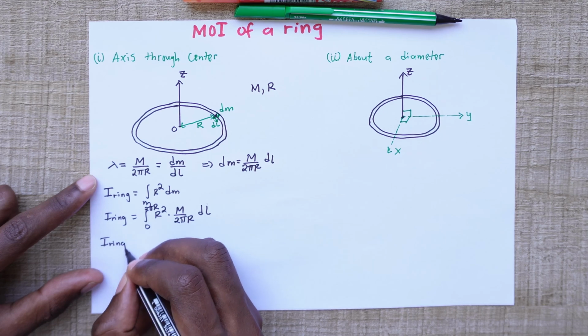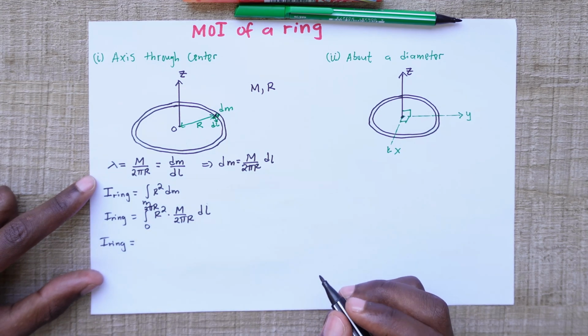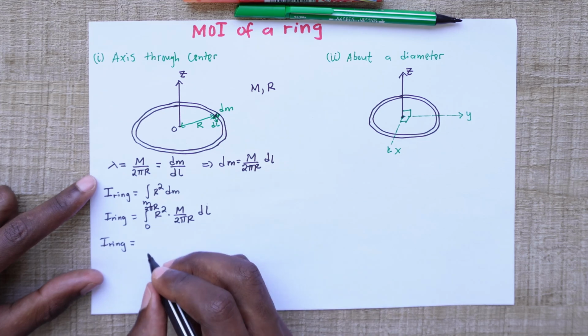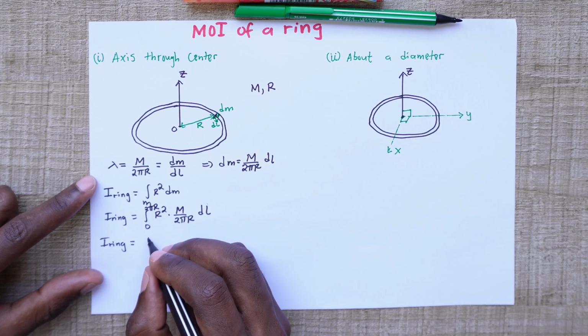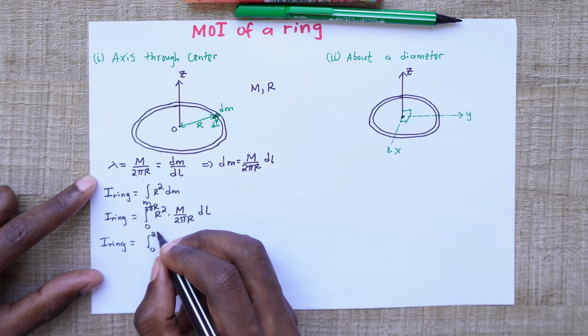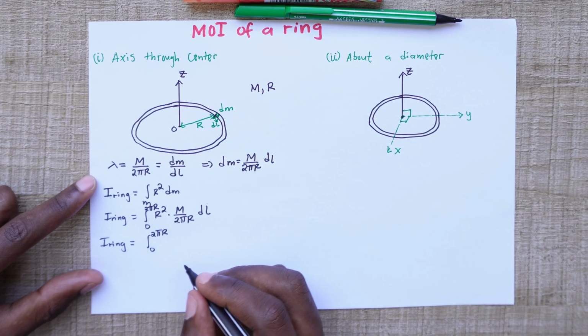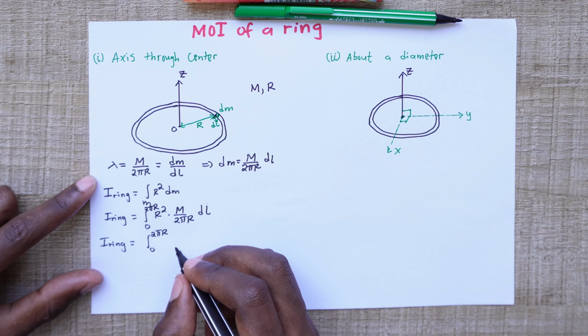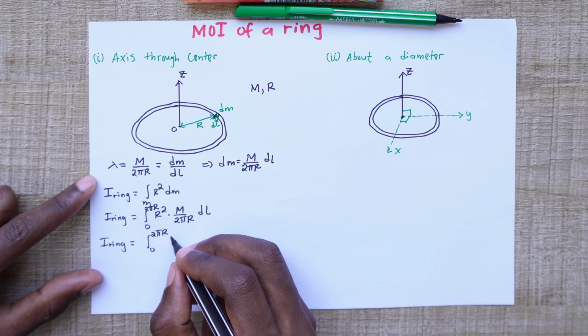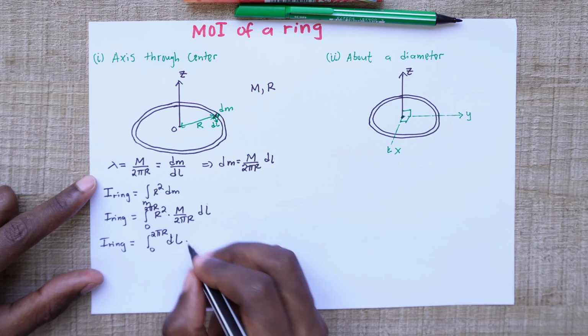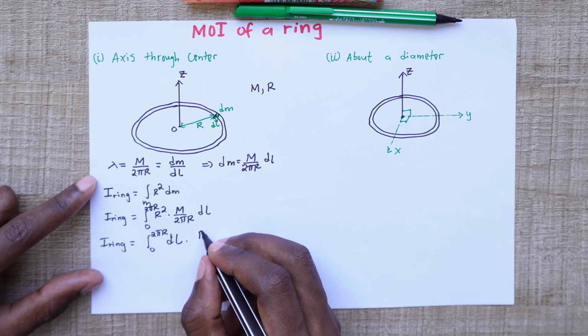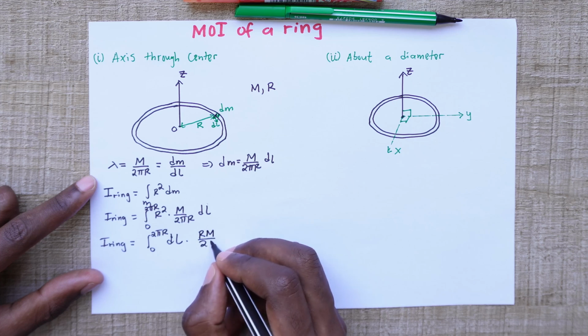So I of ring is going to be equal to the integral from 0 to 2 pi R of, so R cancels R, we are just left with dl times R M over 2 pi.